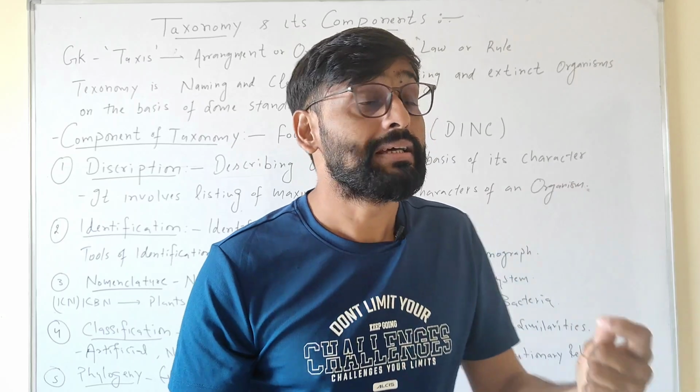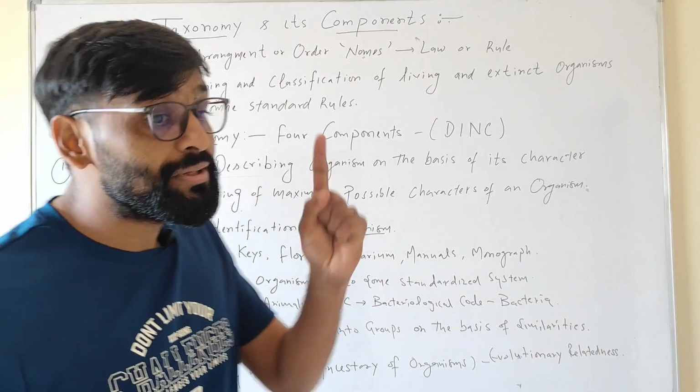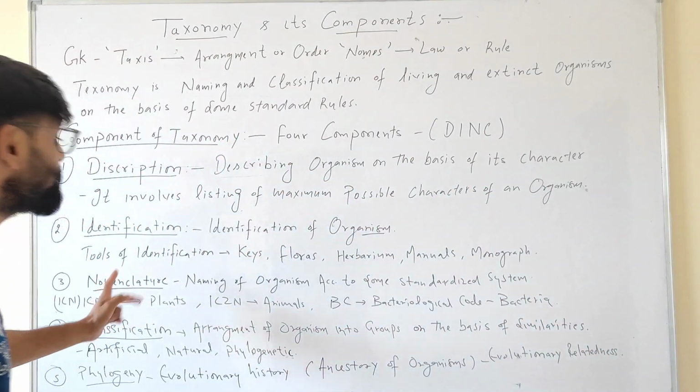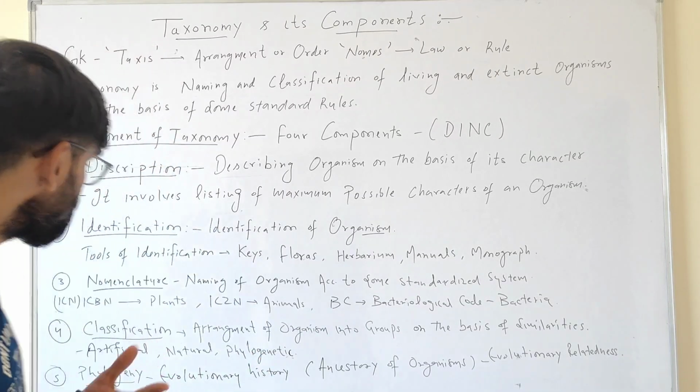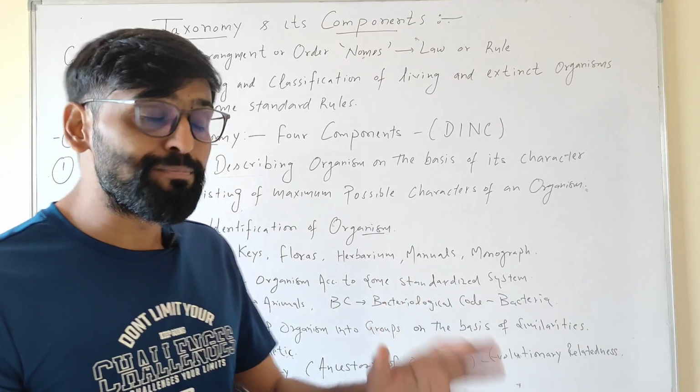Then what will he do? The third step is nomenclature. Then he will be the discoverer of that plant, and he will name that plant. Nomenclature is the naming of an organism according to some standardized system. If it is a plant, then he will name it according to the rules of ICBN, the International Code of Botanical Nomenclature, now called ICN, the International Code of Nomenclature for algae, fungi, and plants.